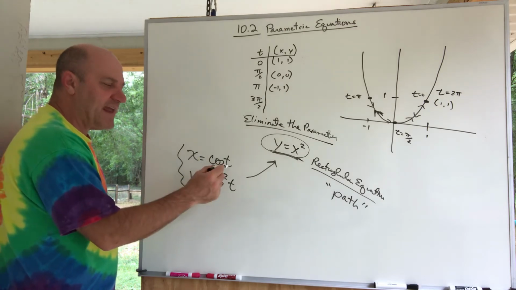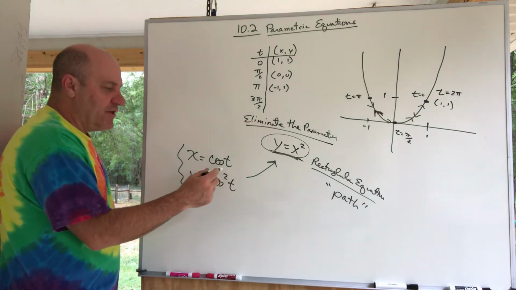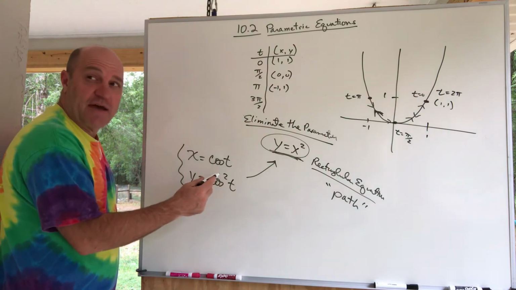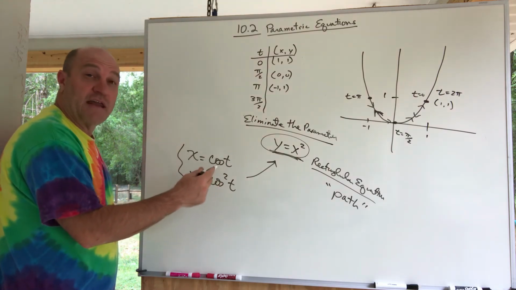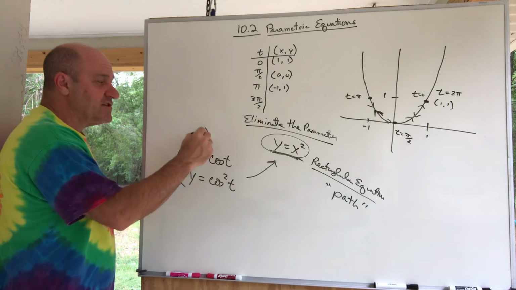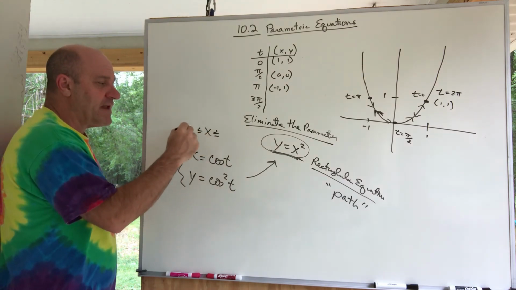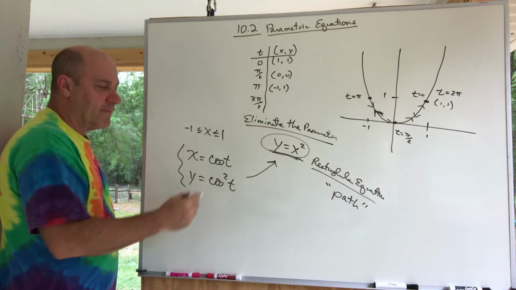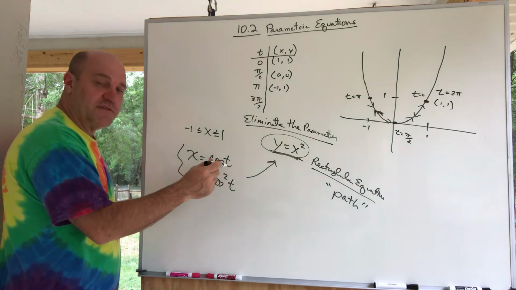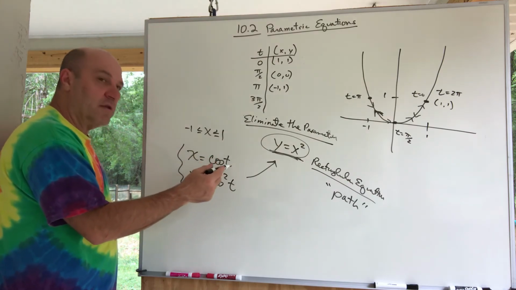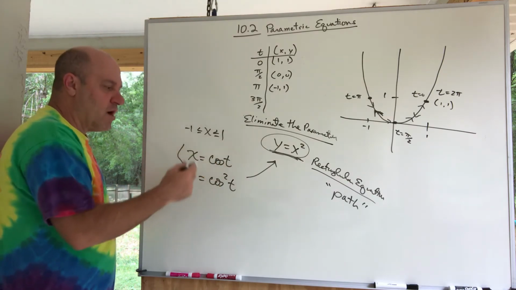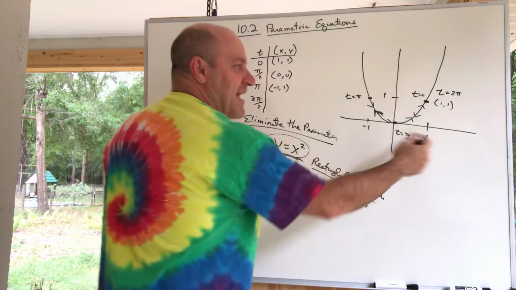If you plug in any t you want, the cosine of t only spits out answers between -1 and 1. So my x is restricted to living between -1 and 1. You can plug in all kinds of angles for t, and the cosine of an angle is something between -1 and 1. x is restricted between -1 and 1.